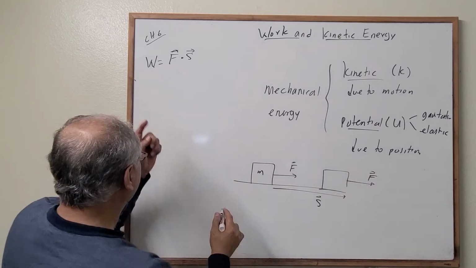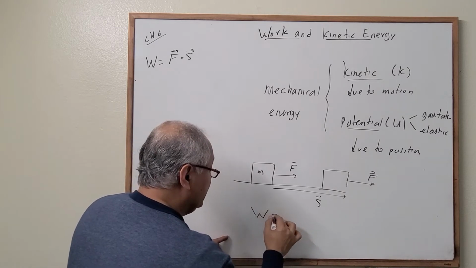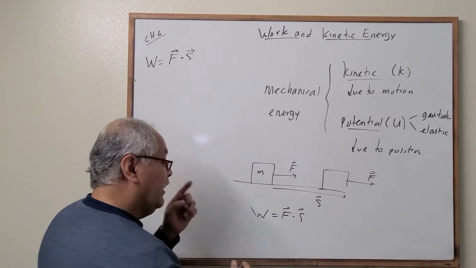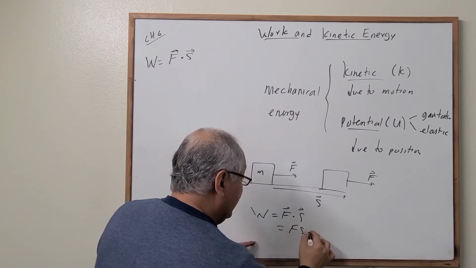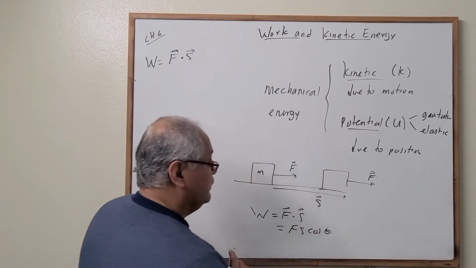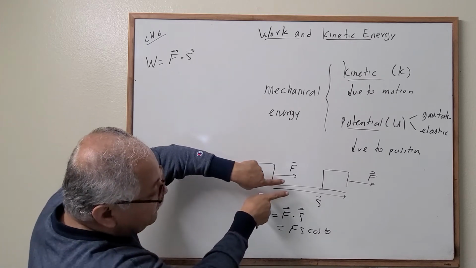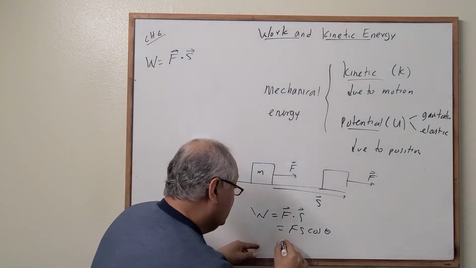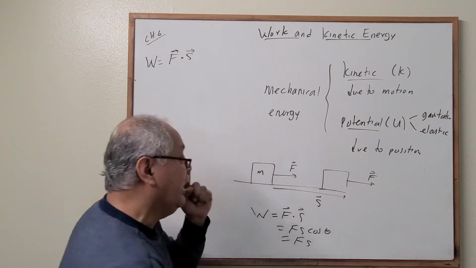Well, let's do it by definition. Work is the dot product of these two vectors. And this is equal to F s cosine theta. What is the angle between these two vectors when these are parallel? 0. Cosine 0 is 1, so it's equal to F times s.